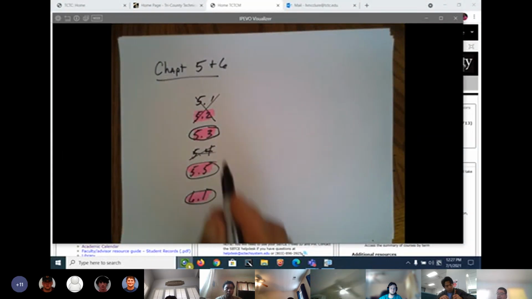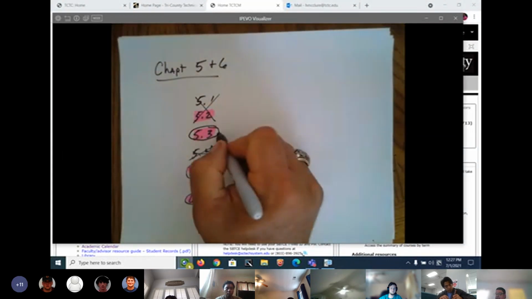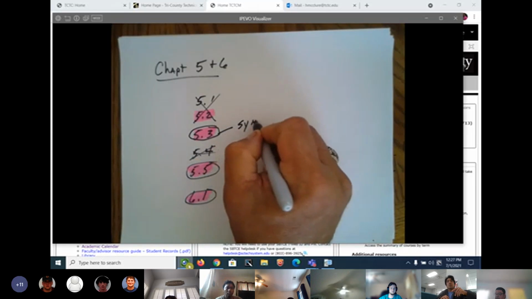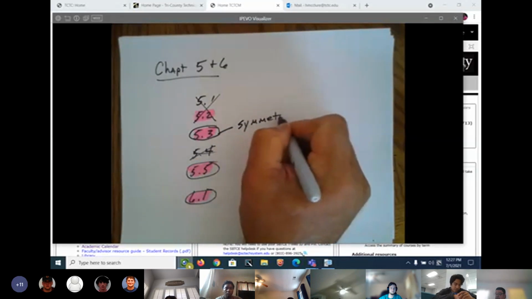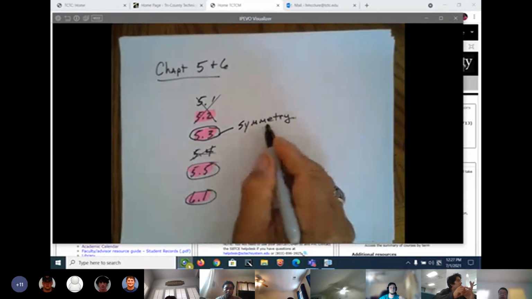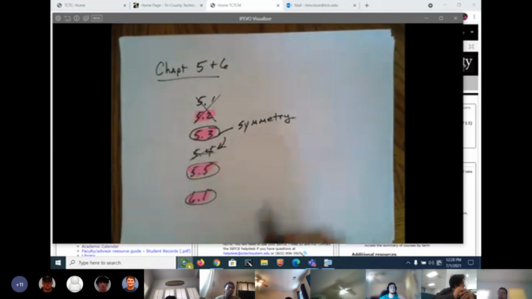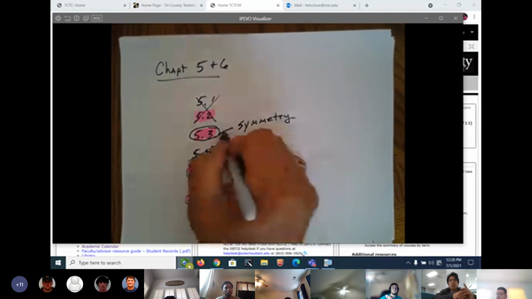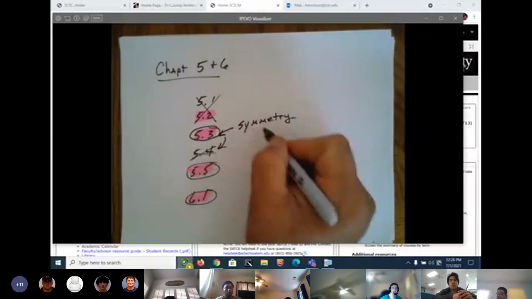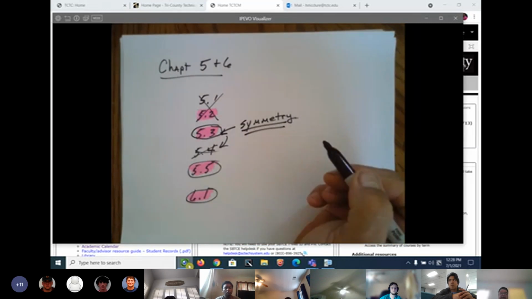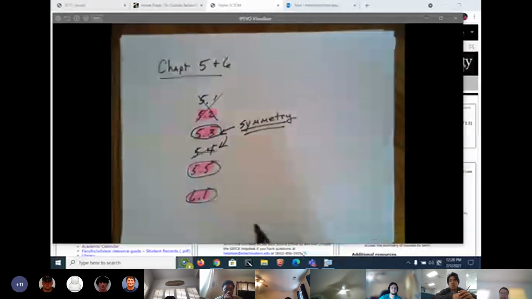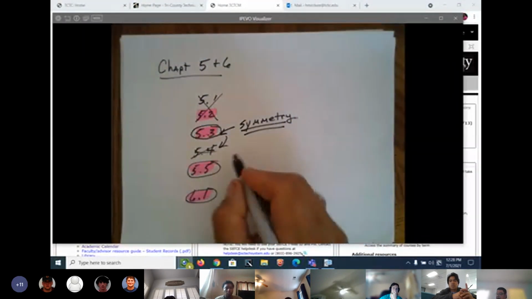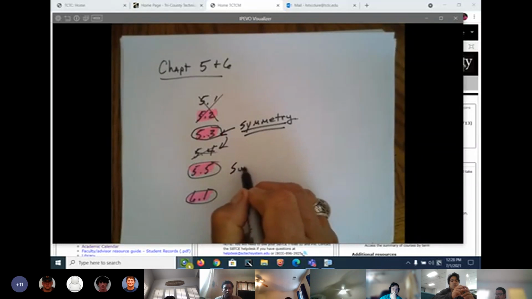Now, 5.3, that encompasses the symmetry. Okay, that's in 5.4 because it's basically the power rule of integration and plug and chugging. Okay, so if you can do the symmetry problem like I just did, then you can do 5.3. 5.5 is substitution.